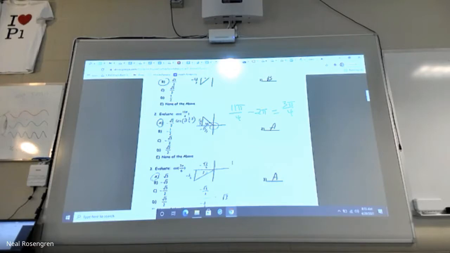Tangent has asymptotes at pi/2 and 3pi/2, but they're all cyclical, so when you solve them, there's this periodic nature to the domains or ranges or solutions, whatever it may be.